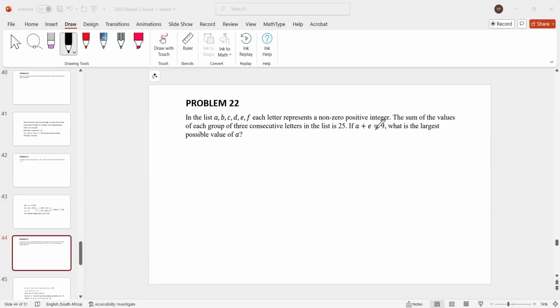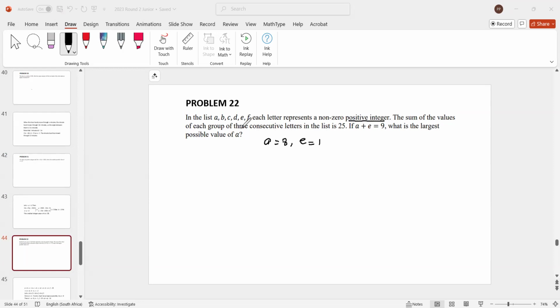But if A plus E, they're all non-zero positive integers. So the largest possible value must be A equals 8 and E equals 1. Right? That's the largest possible positive integer which will make this equation true. 8 and 1.